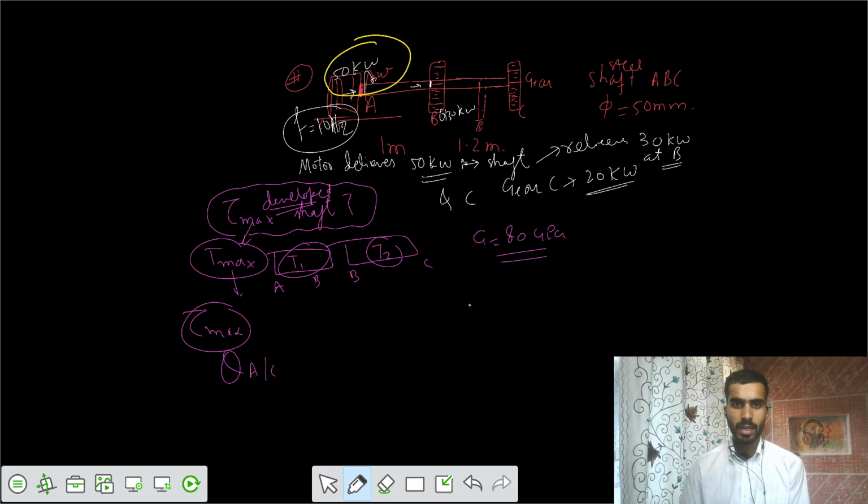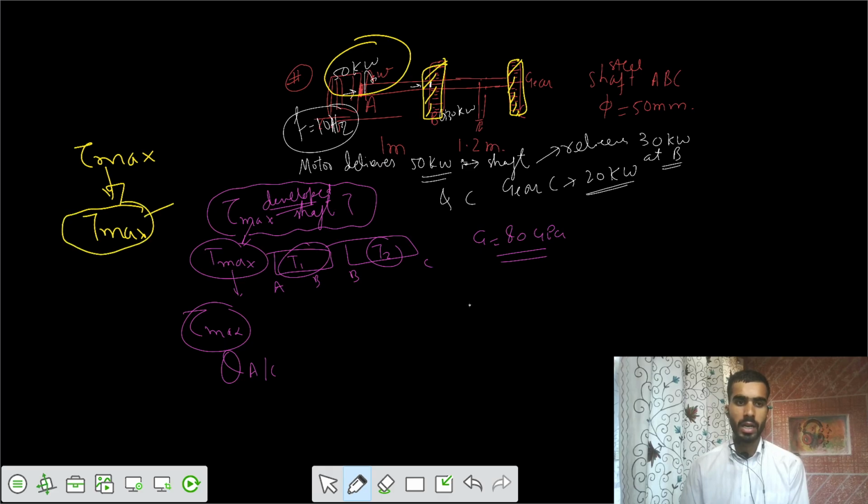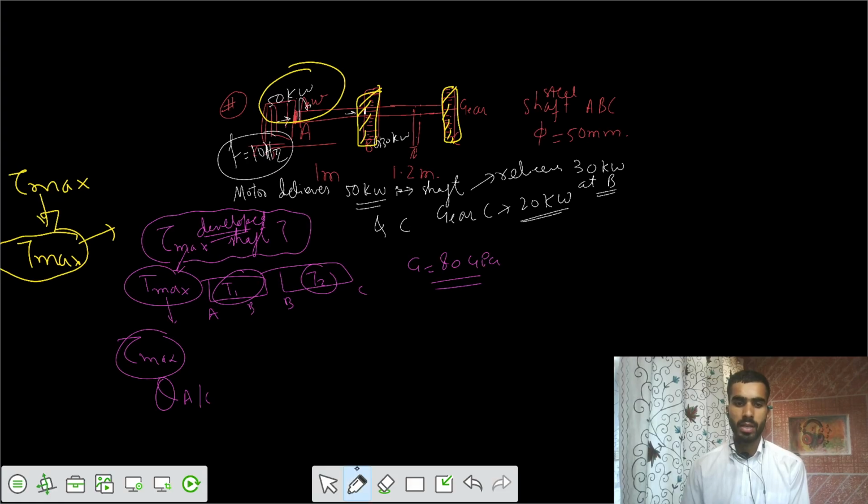Out of that, 30 gets received by gear B and 20 gets received by gear C. Based on this, what should be the maximum shear stress developed? For that, you need the maximum value of torque developed anywhere in the section. Because your cross section is the same, in the equation tau by R equals T by J we have only one variable, that's torque, and because of that we can get tau max.